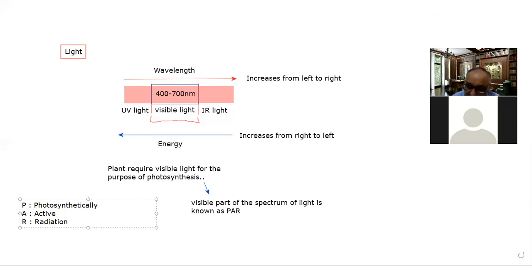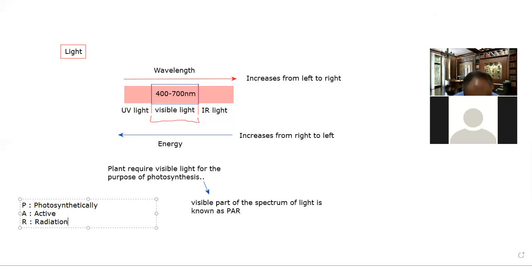A photosynthetically active radiation is that part of the electromagnetic spectrum in which the organisms do photosynthesis, in which the organisms produce their food. That part of the electromagnetic spectrum is known as the photosynthetically active radiation.